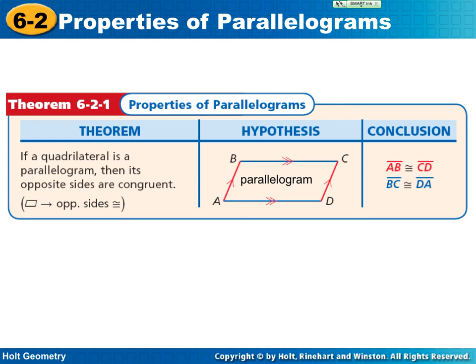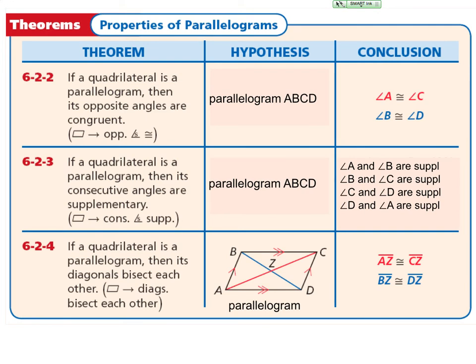Another theorem. Finished with that one? Anyone still need it? 6.2.2: If a quadrilateral is a parallelogram, then its opposite angles are congruent. So your hypothesis again is you need a parallelogram.